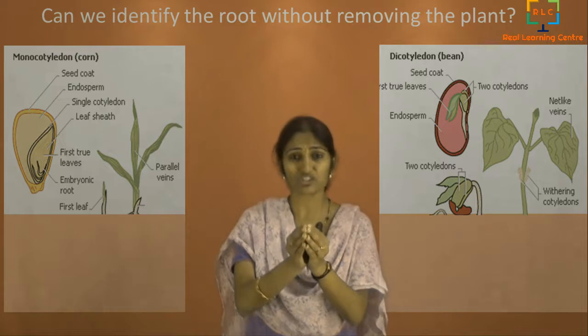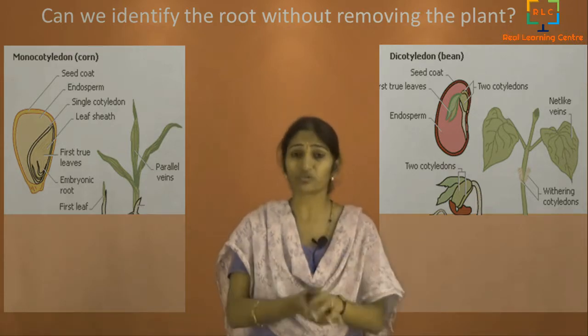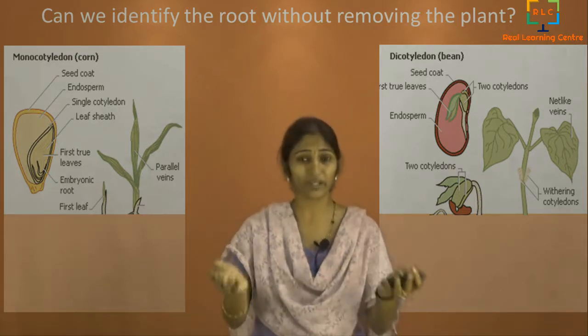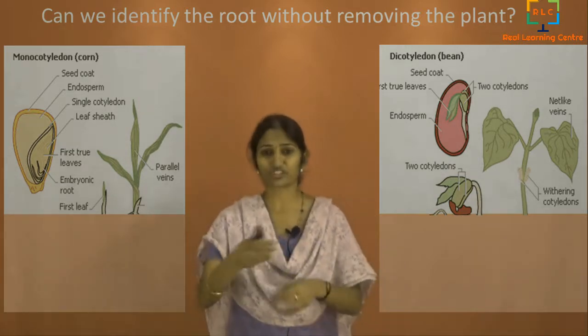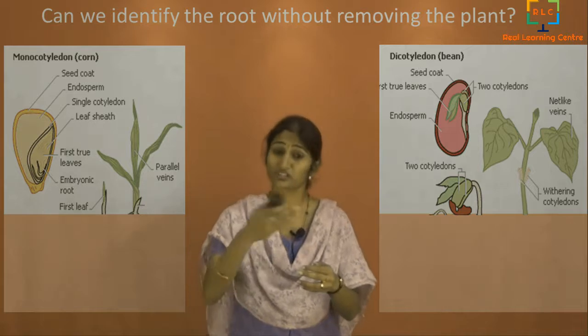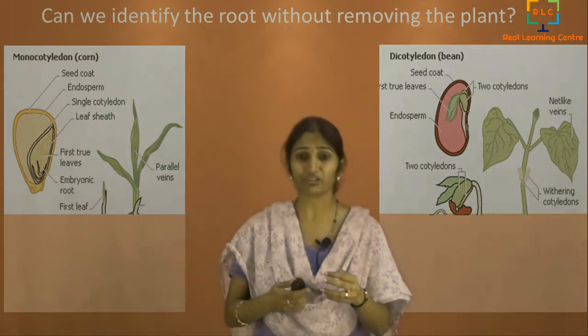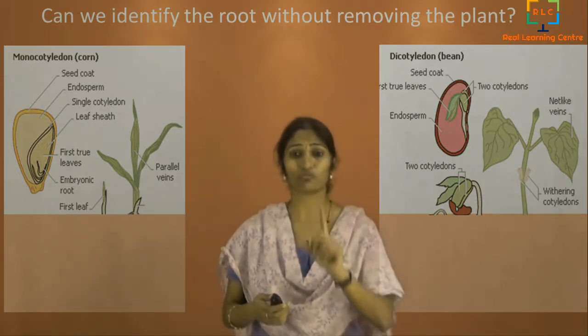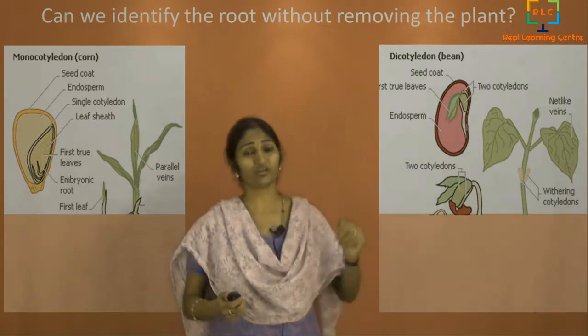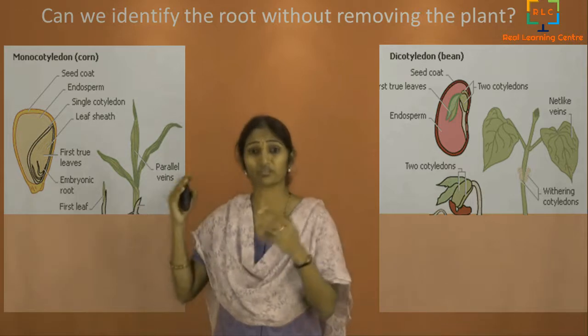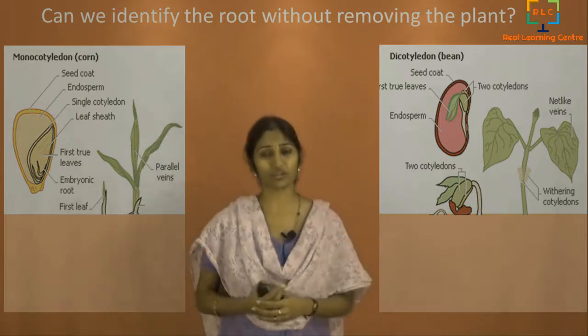We can break the seed equally into two halves, which we call dicot. Sometimes we cannot break it open, and we call it monocot. We also spoke about different structures present inside the seed, and said there will be only one cotyledon in monocots and two cotyledons in a dicot. So based on that, we have the monocots and the dicots.